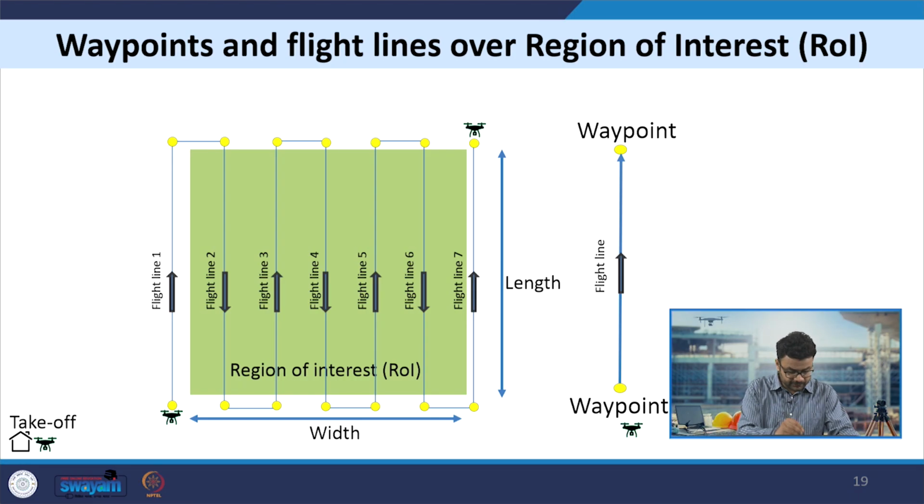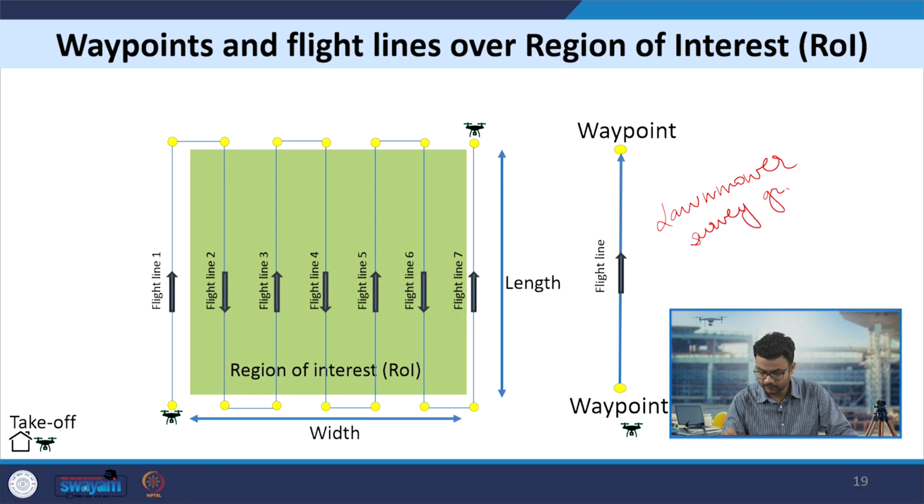So this specific pattern in which the drone is flying is known as the lawnmower survey grid. This is not the only pattern in which drones fly for a survey. There are also other survey grid patterns, and we'll look at them later on.